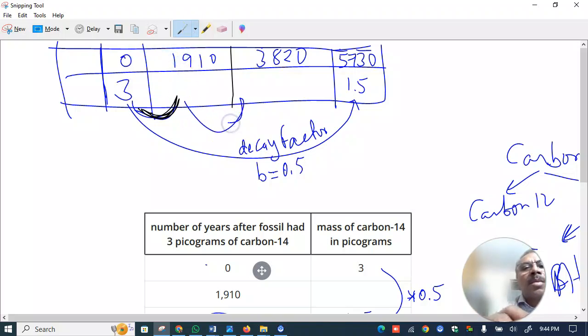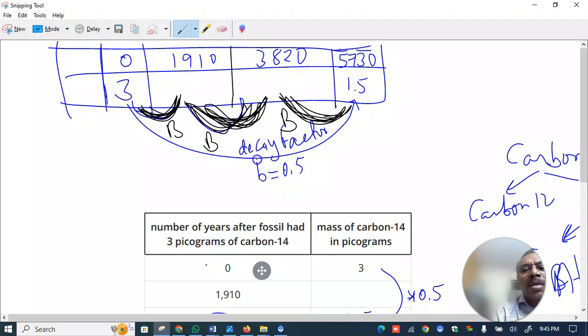We need to know the number that multiplies three times: one, two, and three. This is what we need to find, that B. Let's call it B. This piece is the lowercase, and we want to know what that factor B is for every 1910.